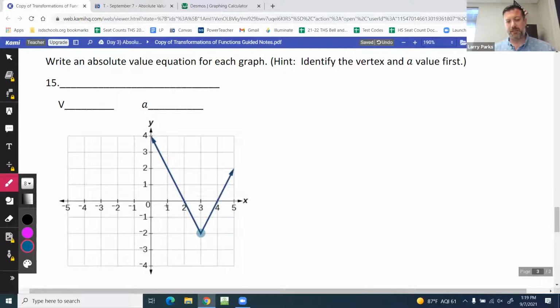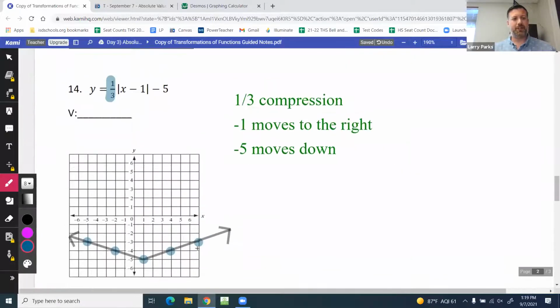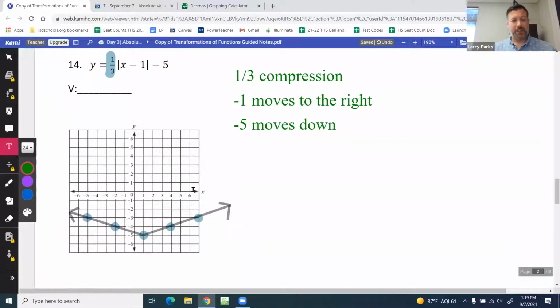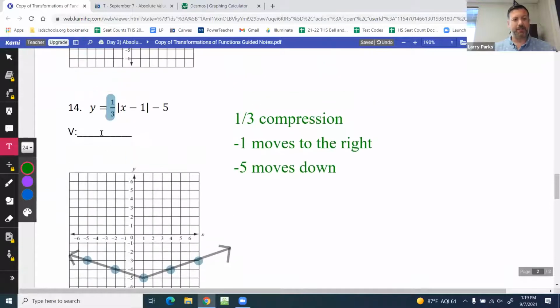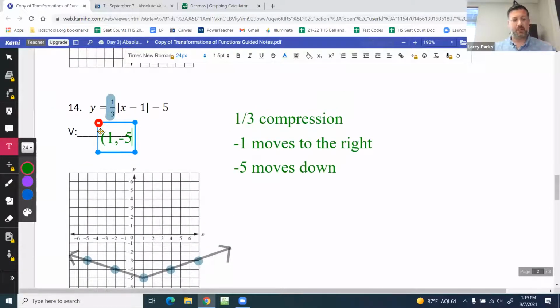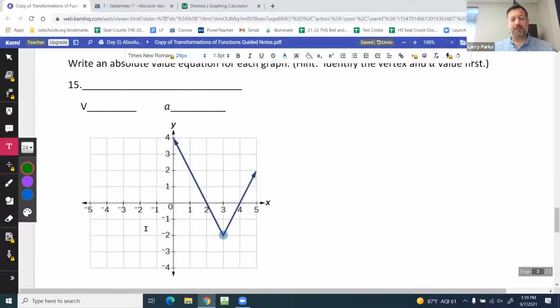It looks like it moved 3 to the right, and it moved 2 down. So my vertex is 3, -2. And I forgot to put the vertex on this one. This vertex is 1, -5. Right here. So here, my vertex is 3, -2.